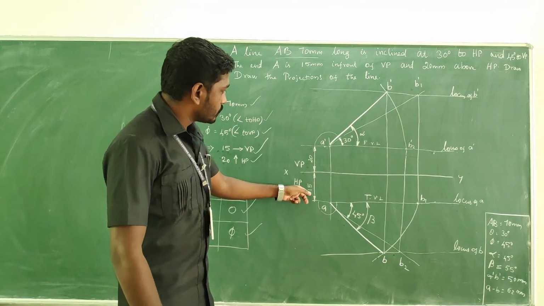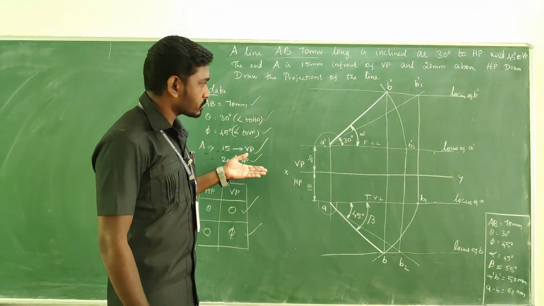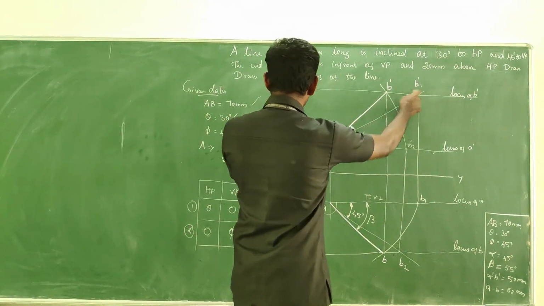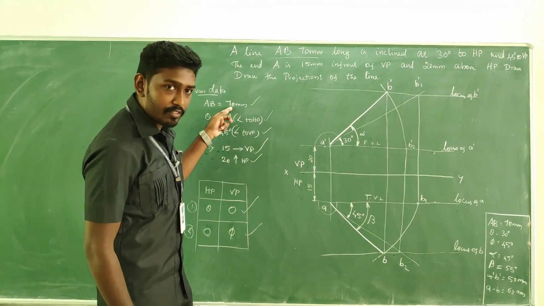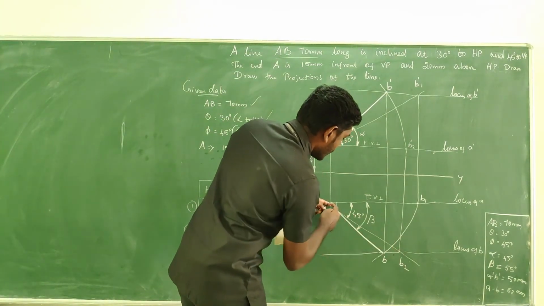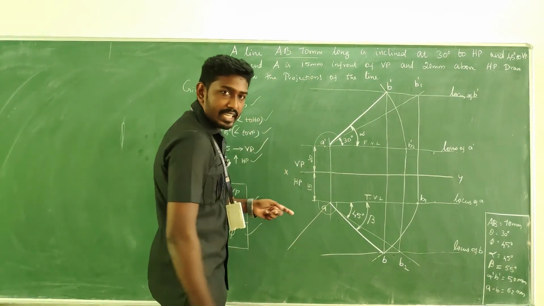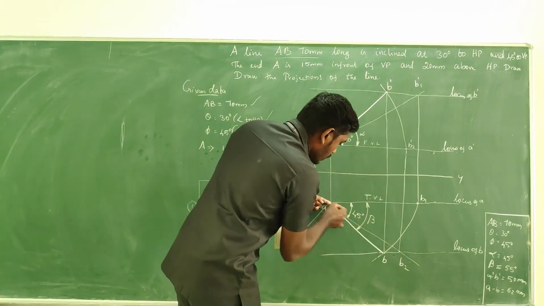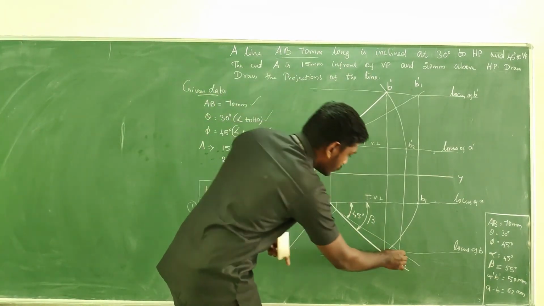Then what are the other dimensions? The true length is given as 70, right? Here as well we have the line, so from that you can take a 90 degree line from both ends.